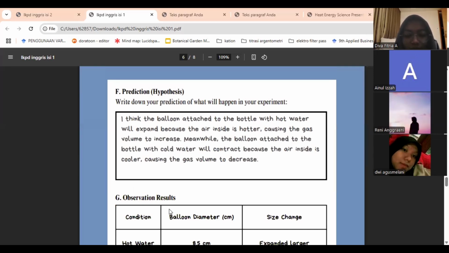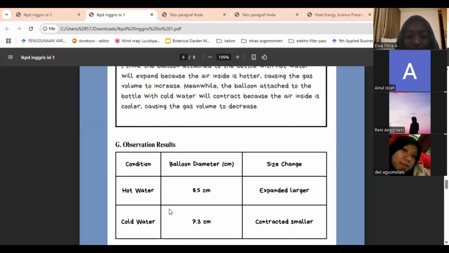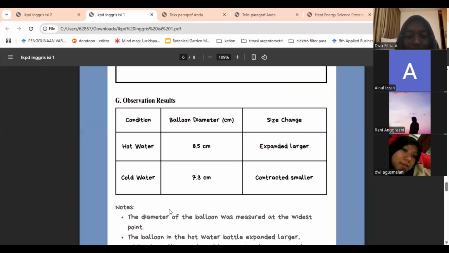Okay, the next prediction or hypothesis: I think the balloon attached to the bottle with hot water will expand because the air inside is hot, causing the gas volume to increase. Meanwhile, the balloon attached to the bottle with cold water will contract because the air inside is cooler, causing the gas volume to decrease. And the next observation result.